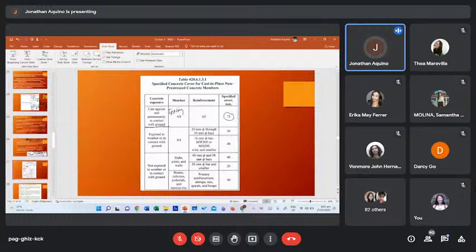When exposed to weather or in contact with the ground, okay, for 20 to 50 diameter, we have 50. For 16 millimeter and below, we have 40. So what is the difference between exposed to weather or contact with the ground and permanently in contact with the ground?